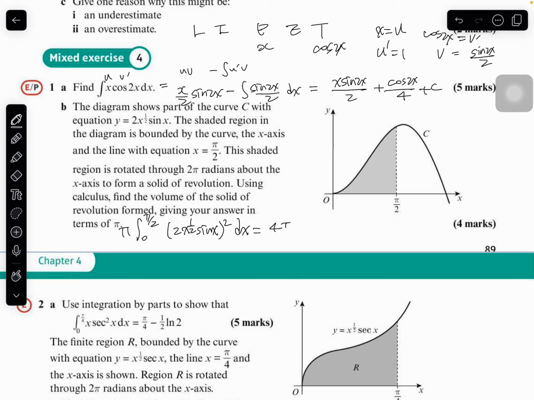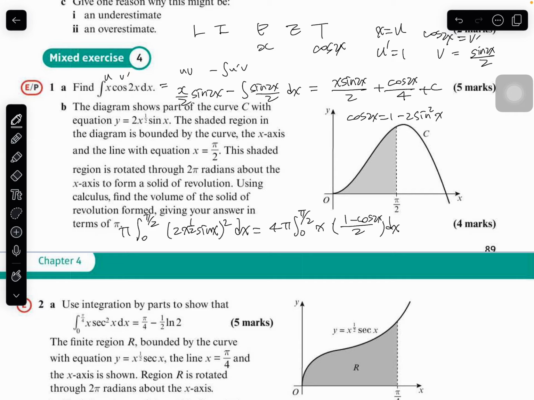So pi integral 0 to pi over 2 of x sine squared x. So sine squared again, cos 2x is 1 minus 2 sine squared of x. So sine squared of x is 1 over 2 times 1 minus cos 2x dx.